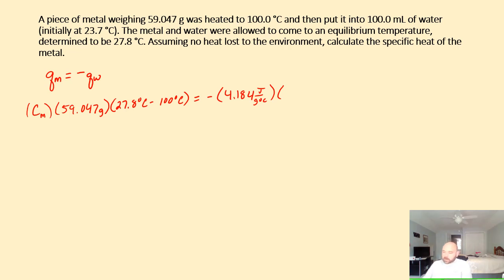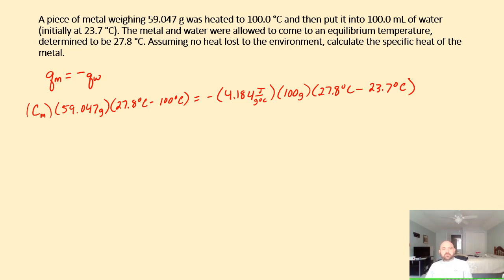So 100 milliliters of water is equivalent to 100 grams of water. And then the temperature change in the water was, the final temperature was 27.8 degrees Celsius, and the initial temperature was 23.7 degrees Celsius for the water.